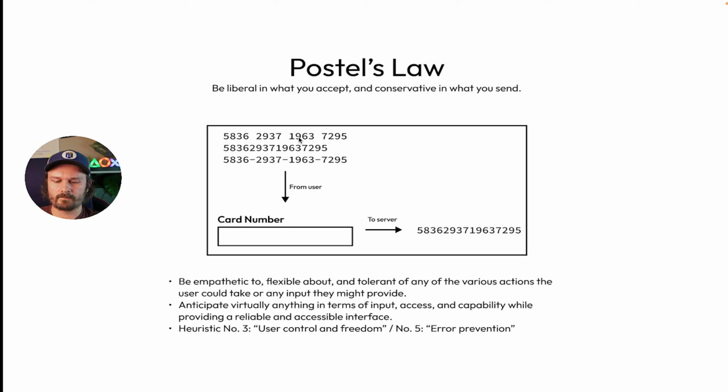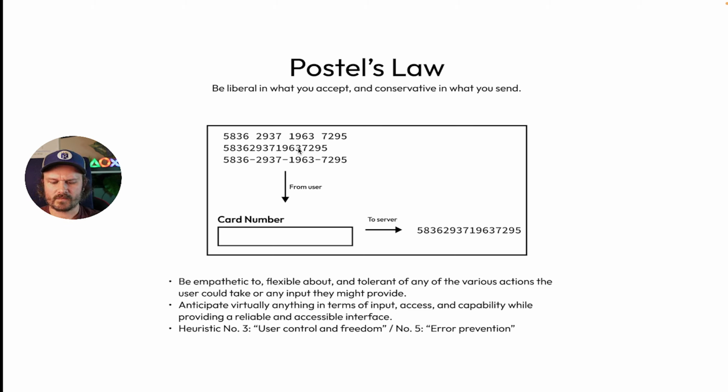By not focusing on just having one exact correct way of doing it, for example, if the payment processor requires just one string of integers with no spaces, no dashes, no extra characters or anything like that, by requiring that of the user, you are opening up the user to experience errors because they might put it in any number of ways.